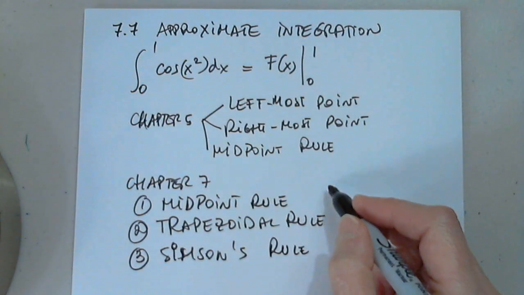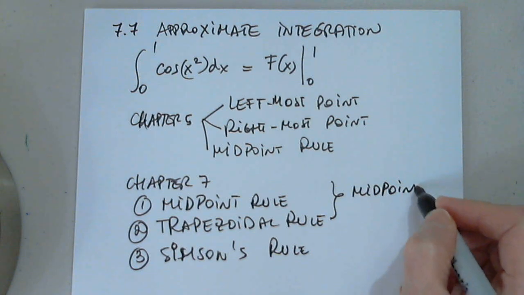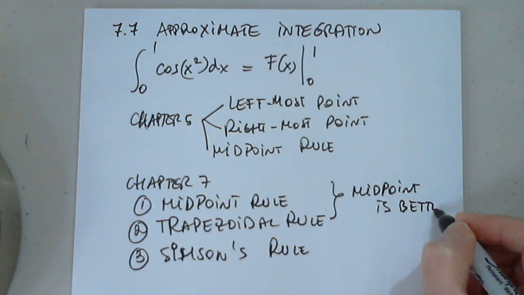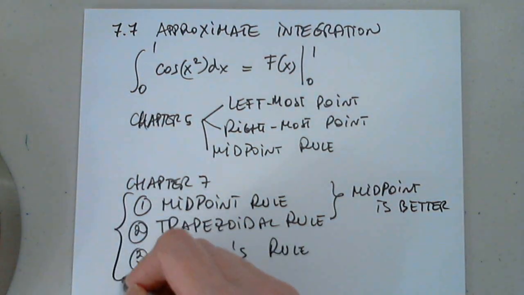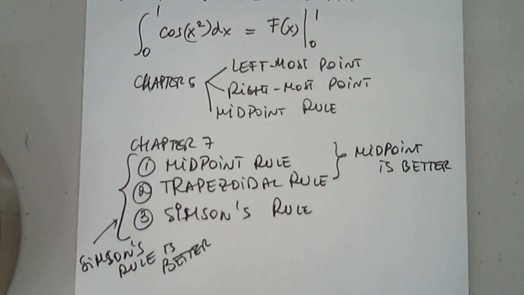From these two, midpoint is better, has less error. From these three, Simpson is better. Has a better approximation and less error.